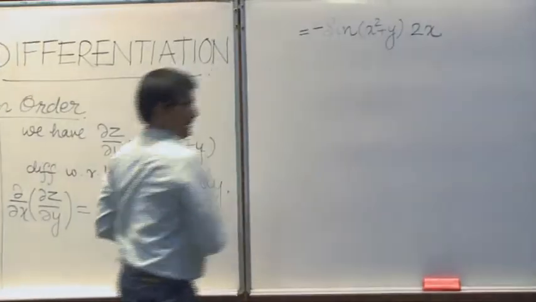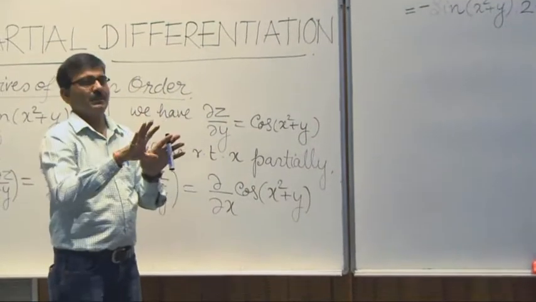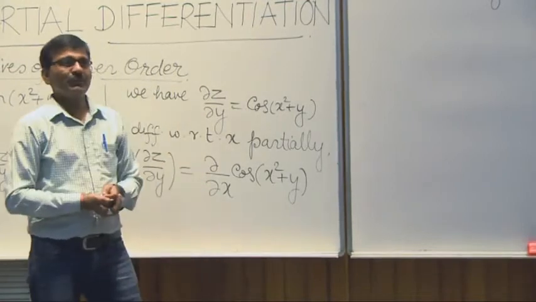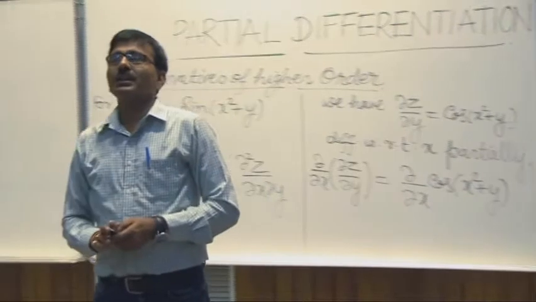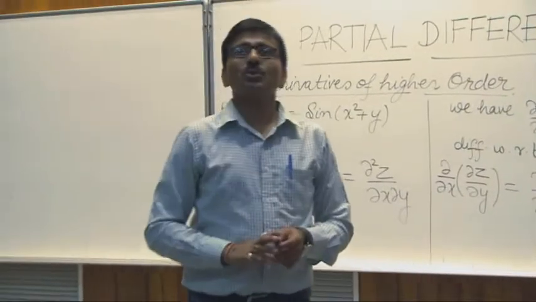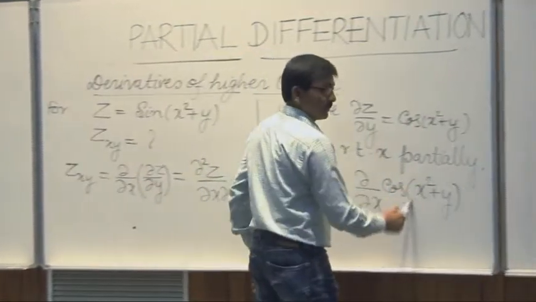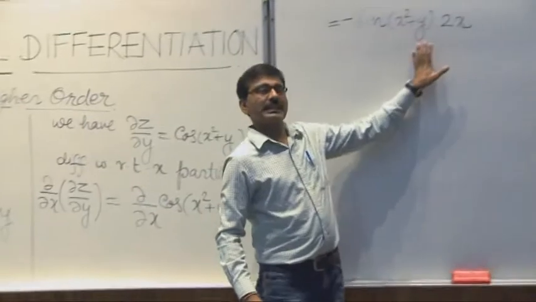Okay, for those who could not understand, you also try to do it like this instead of putting u and v. Because if you are feeling difficulty doing it like this, you will feel more difficulty taking substitution u or v. So you just think this is cos of something. So that will be minus sine of that something.